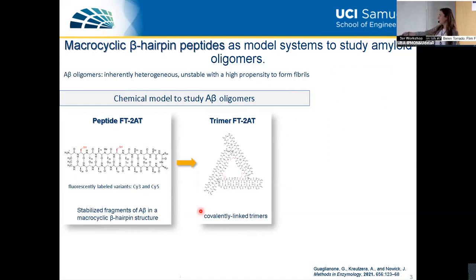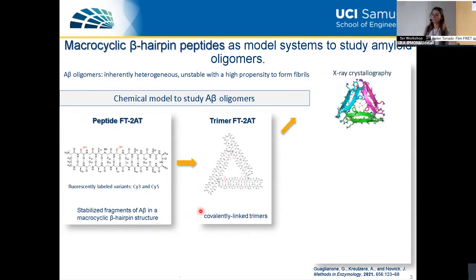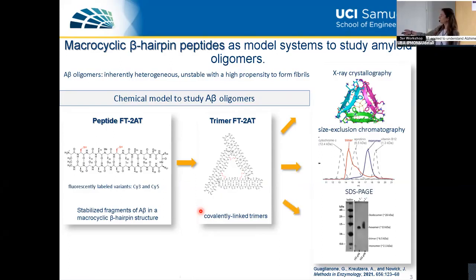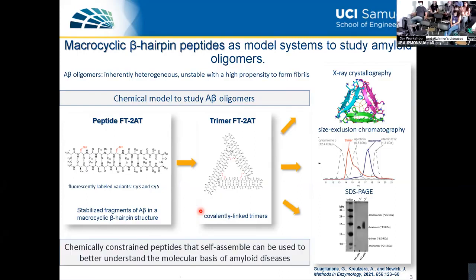Then they corroborated that this structure was formed using crystallography, size exclusion chromatography, and also SDS-PAGE. So they established this model, and building these chemically constrained peptides that can self-assemble could be useful to understand the molecular mechanisms behind these amyloid diseases.